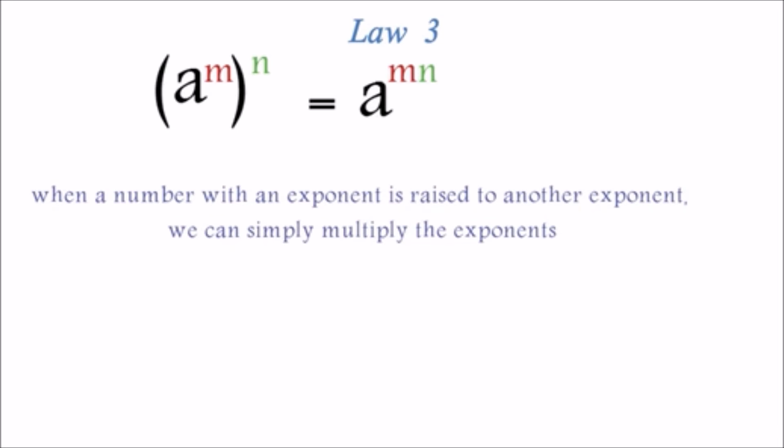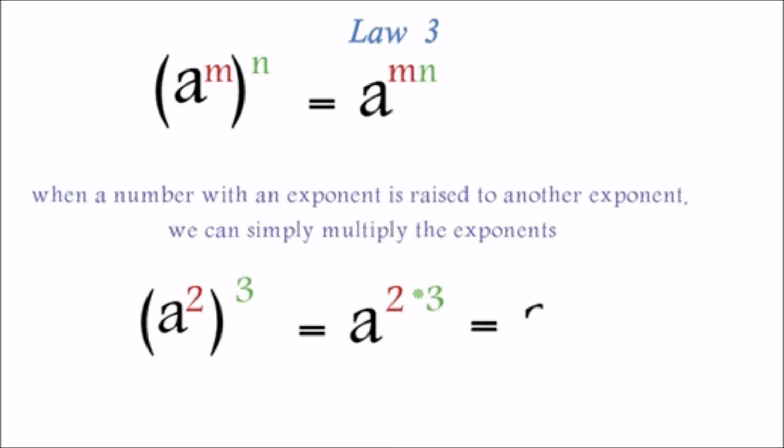Example, in parentheses a squared all cubed equals a exponent 2 by 3. This is equal to a exponent 6. Notice how we just multiplied the 2 and 3.